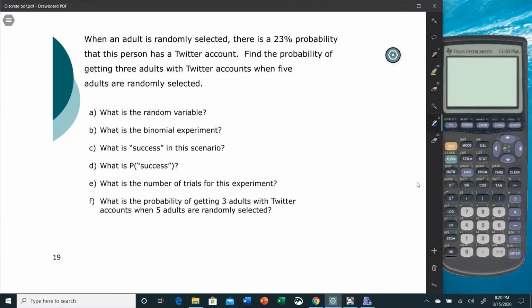So again, in this case, what's the random variable? We'll call that x. X is going to count the number of adults with a Twitter account.